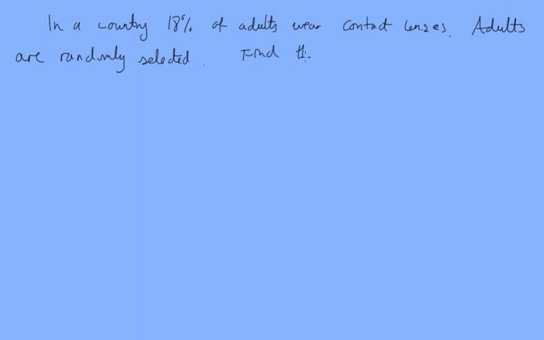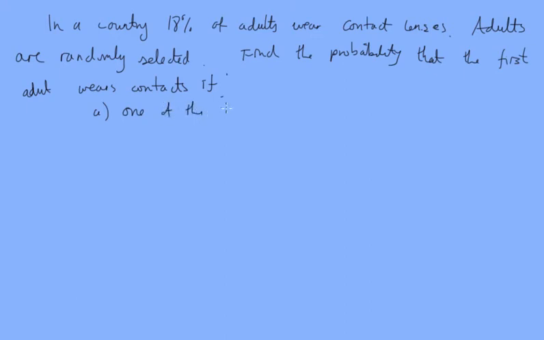Find the probability that the first adult who wears contacts is, A, one of the first 15 interviewed, or B, not one of the first 9 interviewed.